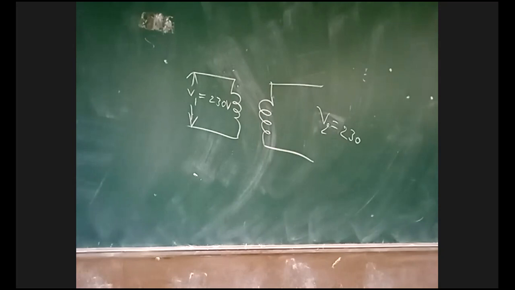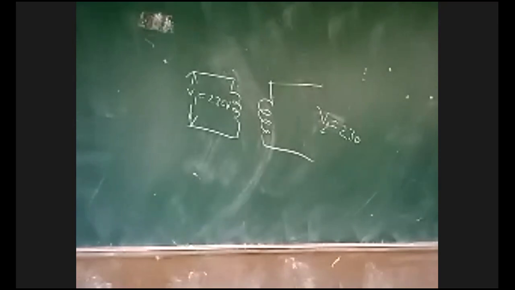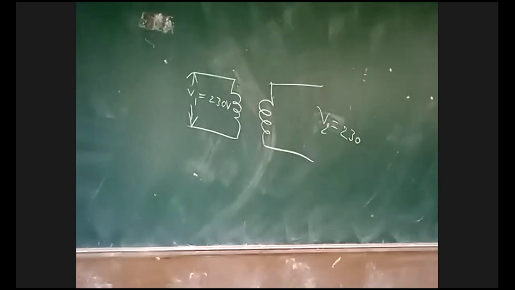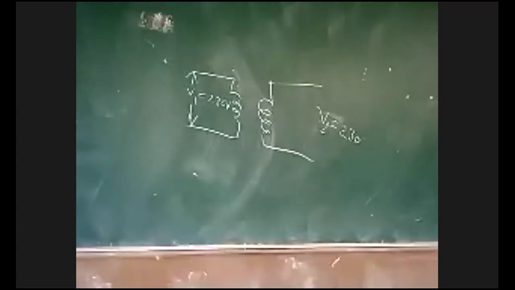What is the current in the secondary winding in the open circuit? 0. Suppose in your house you switch off all the lights, fans, AC, fridge, TV, everything. Now what is the load current? There is no load in your house. What is the current drawn by the load? 0.